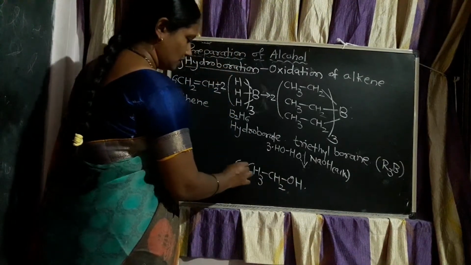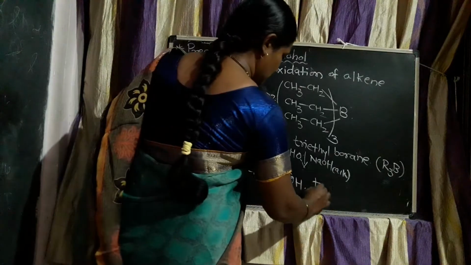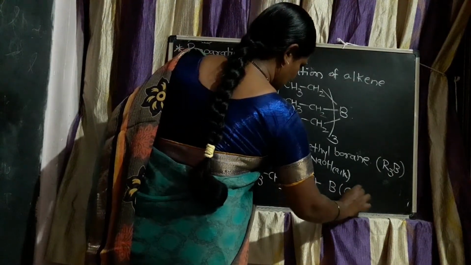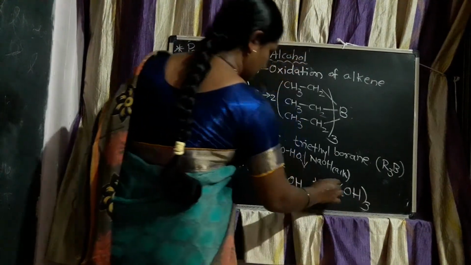Now it forms the alcohol plus the byproduct B(OH)3.